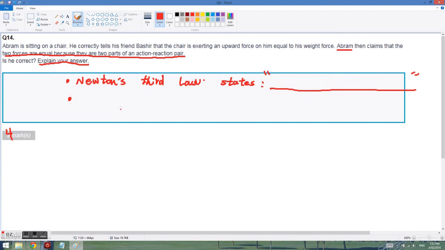In an explanation question, you can draw a diagram. You can draw a chair, or just draw a block, that will be fine. The force acting on the chair will be the weight force.